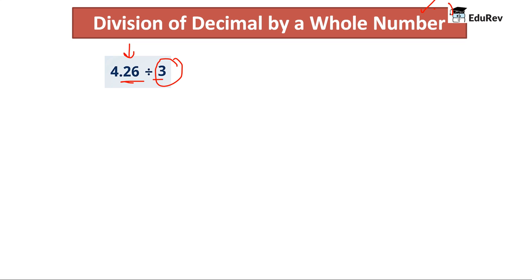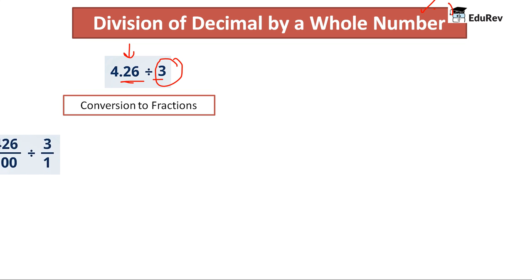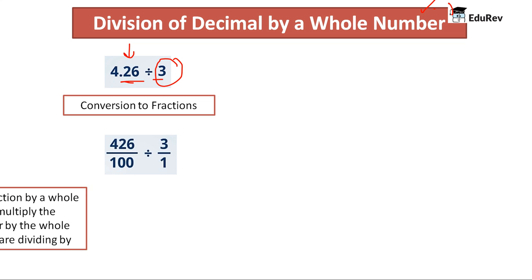The first step is to convert this decimal into a fraction. So 4.26 we can write as 426 divided by 100, and we can write 3 as 3 by 1. Now how to carry out this division of a fraction by a whole number?